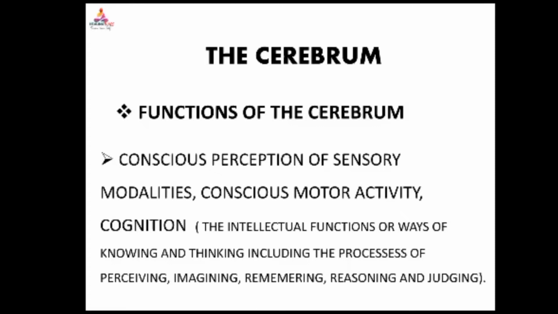Then the functions of the cerebrum: conscious perception of sensory modalities, conscious motor activity, and cognition, the intellectual functions or ways of knowing and thinking, including the process of perceiving, imagining, remembering, reasoning, and judging.